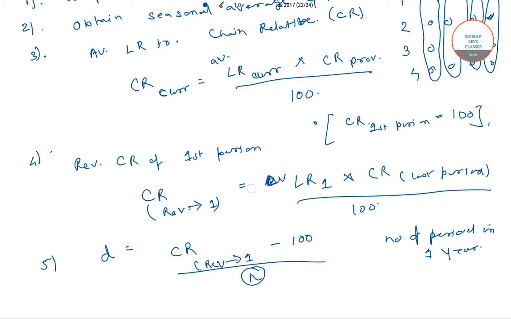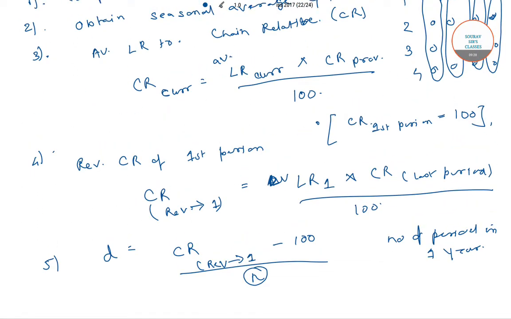That is, in case of quarterly, n is equal to 4. In case of monthly, n would be equal to 12, and so on.